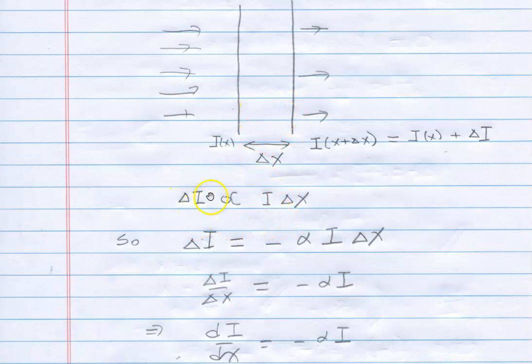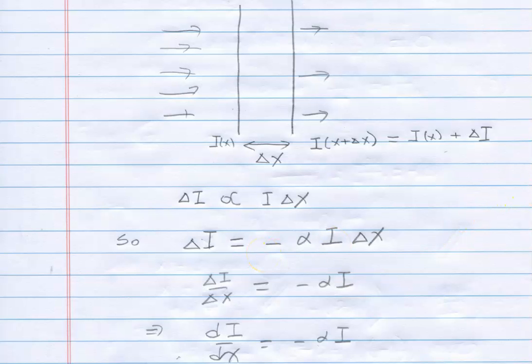So the change in intensity should be proportional to the incident intensity. The greater the incident intensity is, in practice, more gets lost, and it's also proportional to this distance. And since we're looking at absorbing media, then it actually loses it, and so I'll reflect that here.